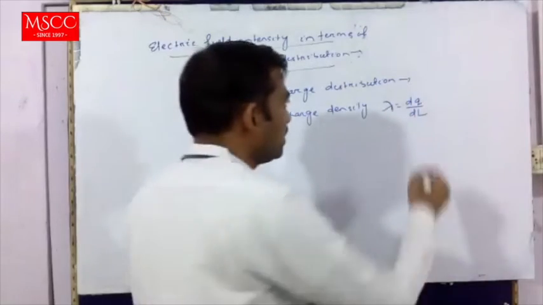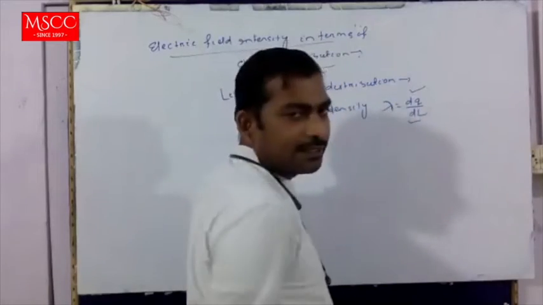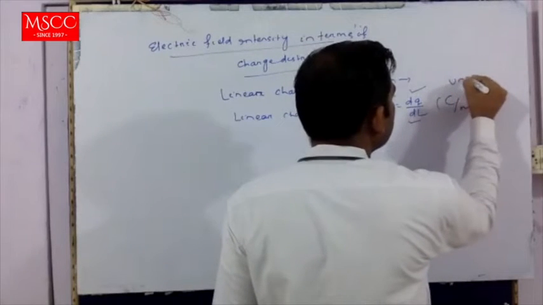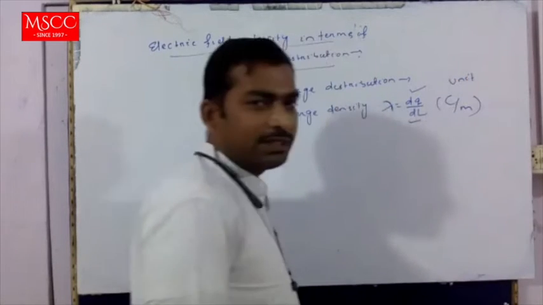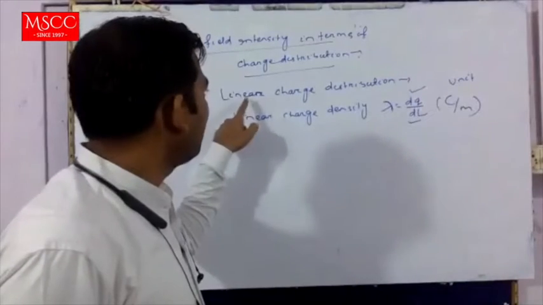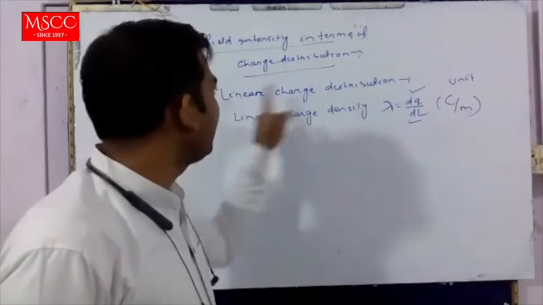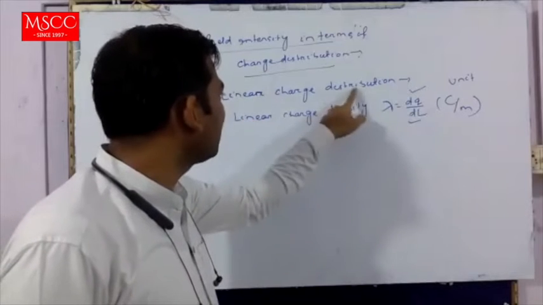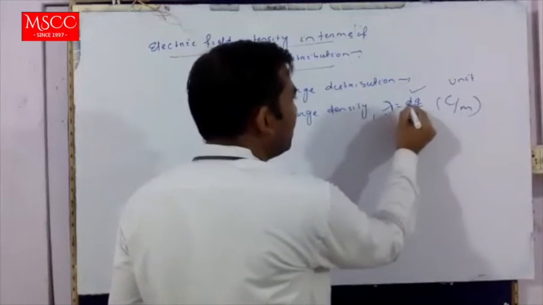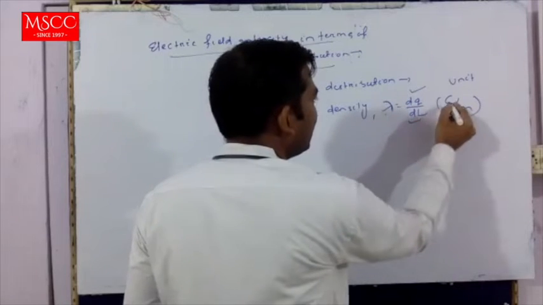Lambda equals charge by length. Unit is coulomb per meter. Write this expression for linear charge distribution: lambda equals dq by dl, that is coulomb per meter.